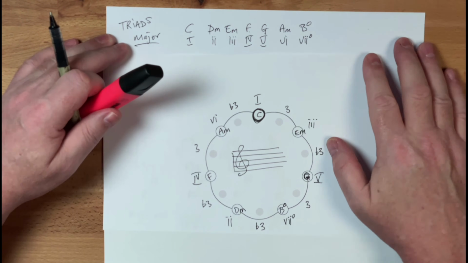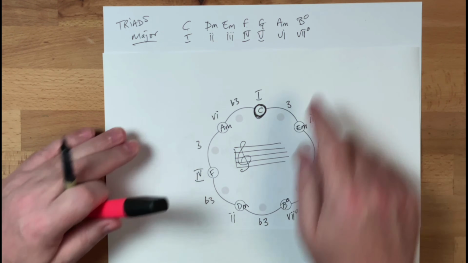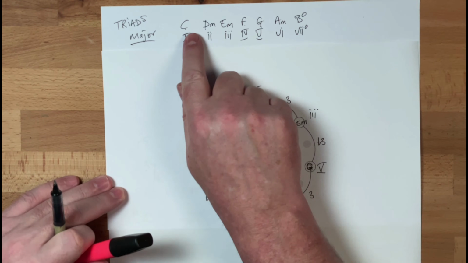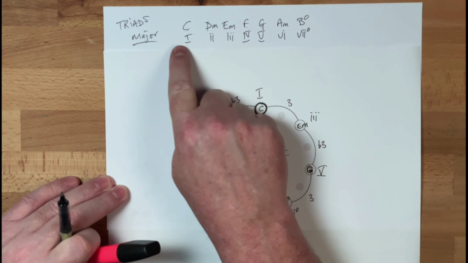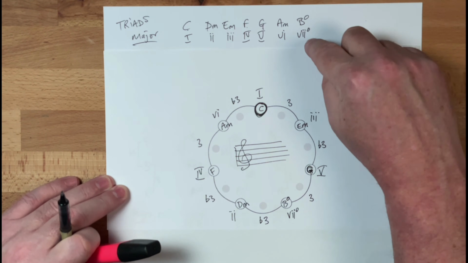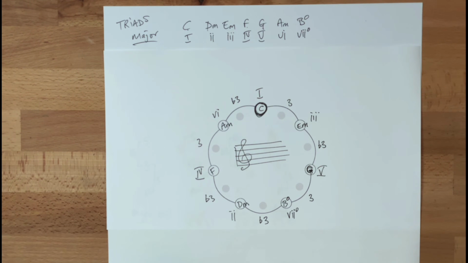Do I need some colours? Where's my pens? So we've got some colours here, just to make this really stand out. What's going on here, guys? What we're doing is we've essentially turned the scale. We started off with the scale. We turned it into the chord names. We turned it into the Roman numeral names with the tonality attached. And now what we've done is we've turned them into this circle here.